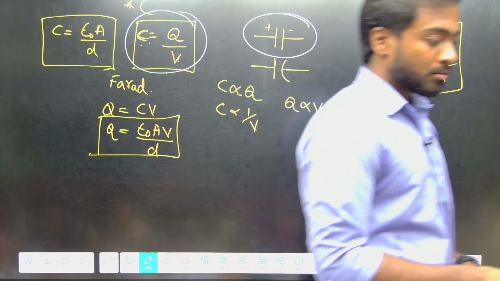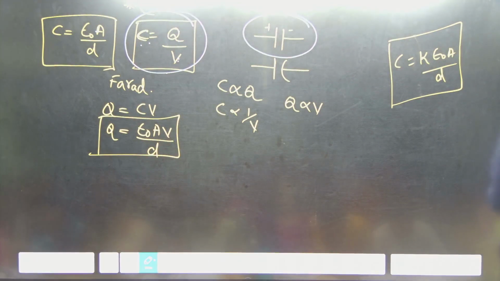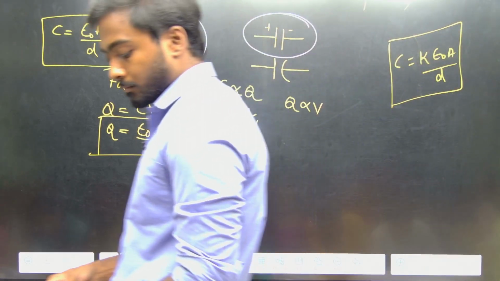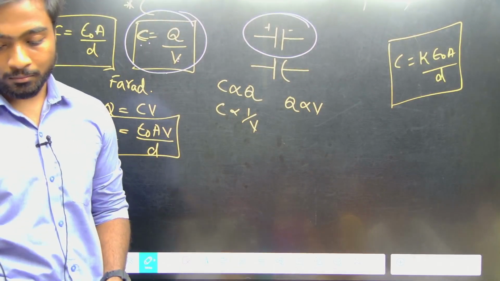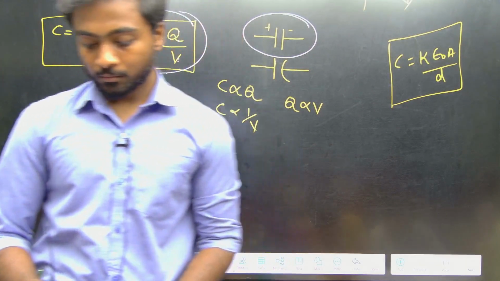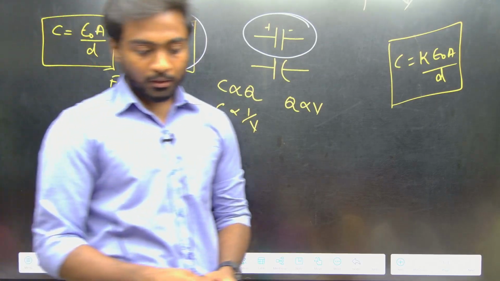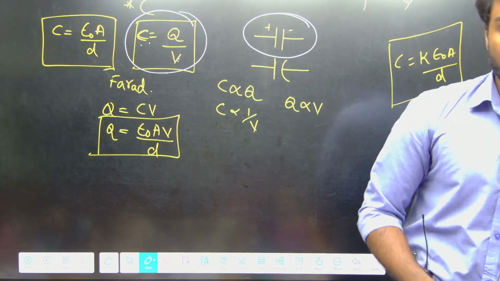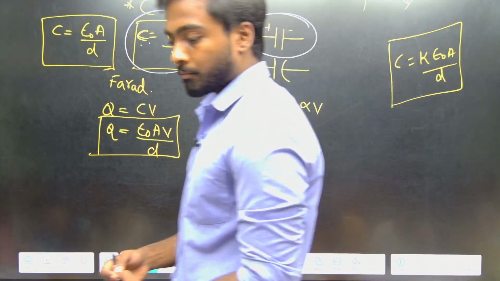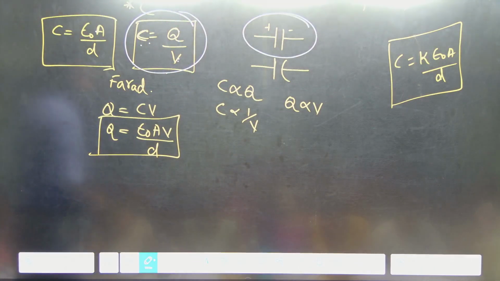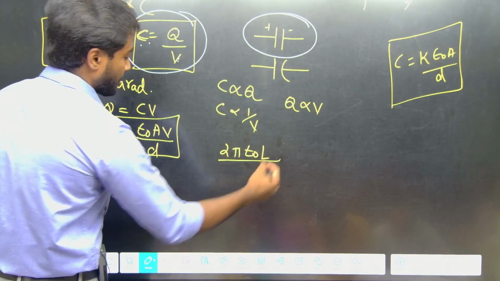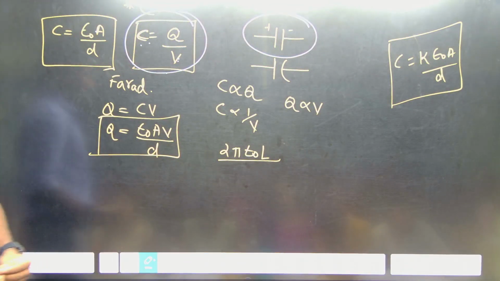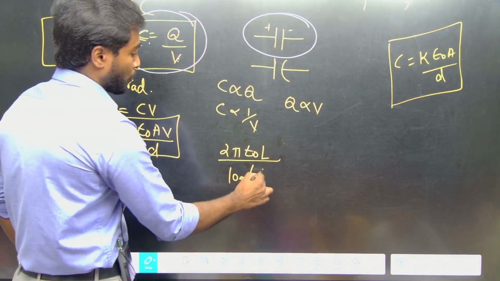Write the next topic, cylindrical capacitor. Write the formula: C is equals to 2 pi epsilon naught L divided by log R2 by R1.